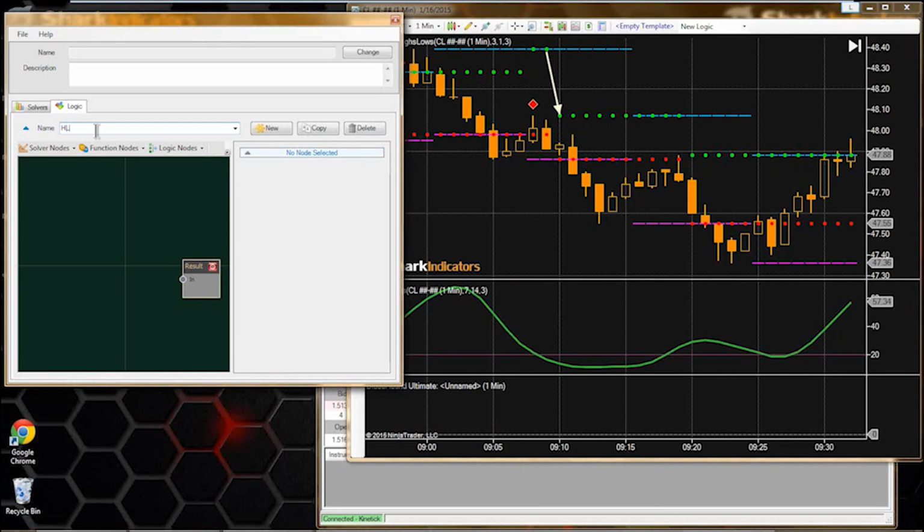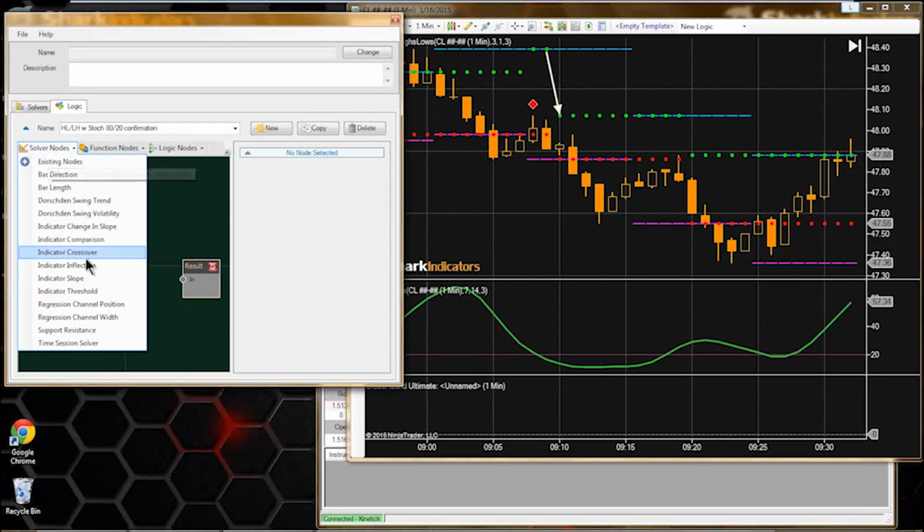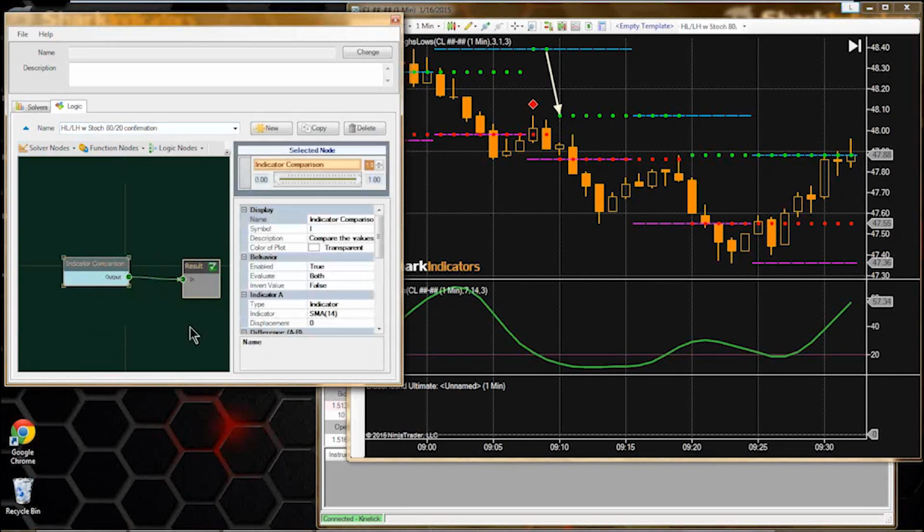High or low, lower high, let's see, with a stochastics, let's see, 80, 20, confirmation. All right. So let's put a comparison solver on here.